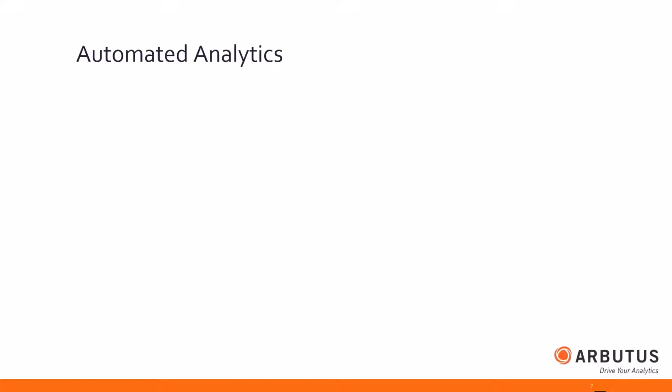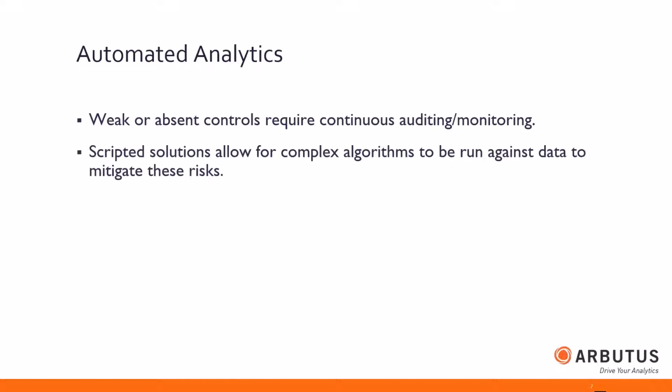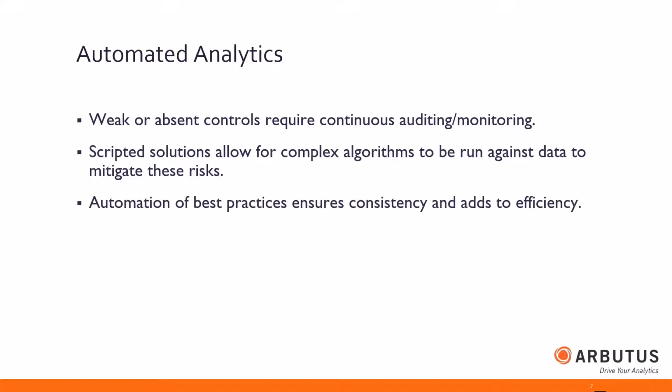This can come through automated analytics. Where you have weak or absent controls, you may require continuous auditing and monitoring. Scripted solutions allow you to use complex algorithms to run against the data to mitigate the risks of weak or absent controls. Automation of best practices ensures consistency and adds to your efficiency.